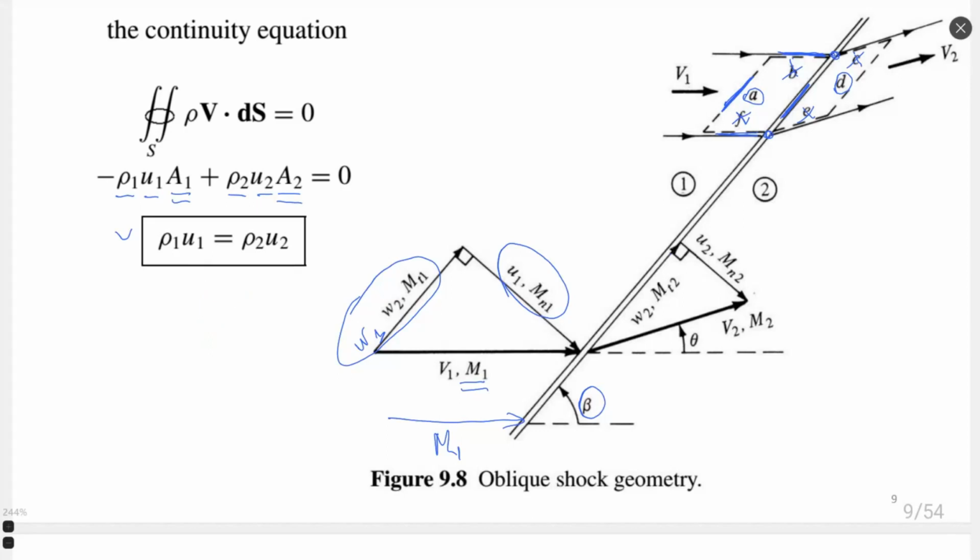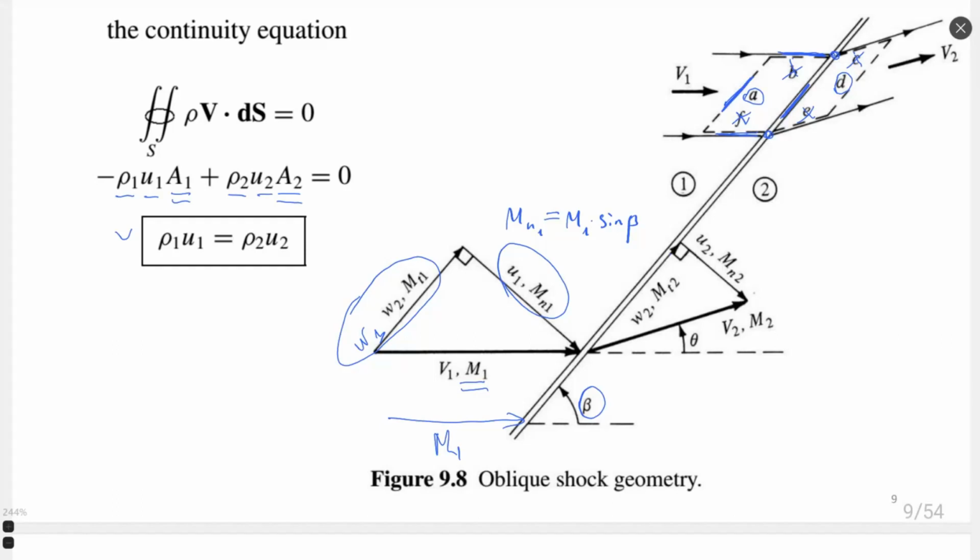Okay. So we split this Mach number, and I think it's not so difficult to do. We can write on the side that Mn1, since it's a normal component of the velocity, can be calculated as M1 multiplied by sine of beta. Okay. The bigger is beta, the bigger is Mn1.